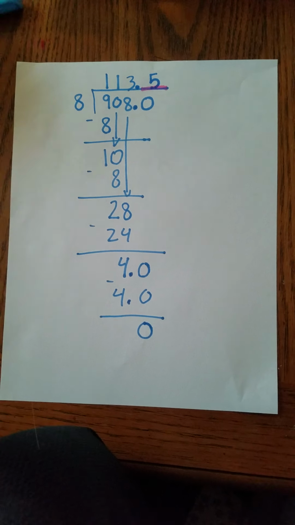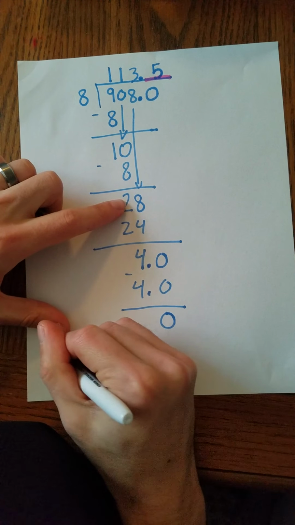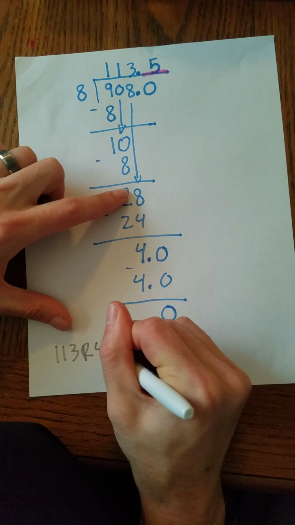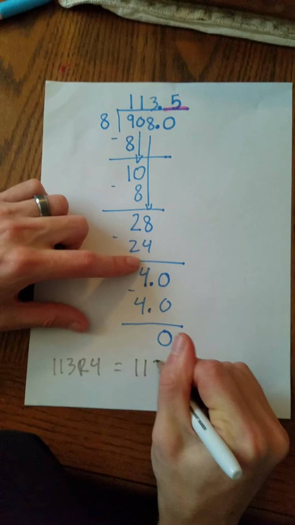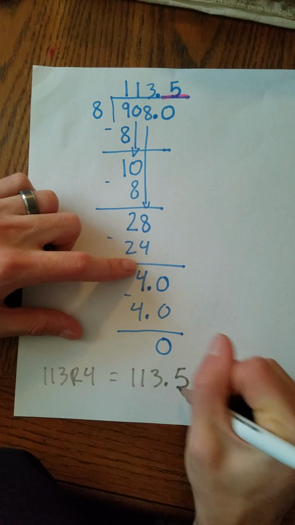So my answer of 113 remainder 4, I could also write as 113.5.